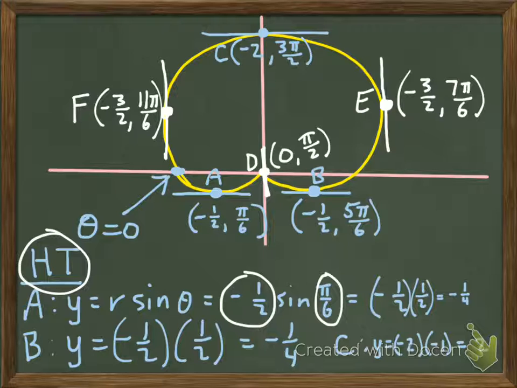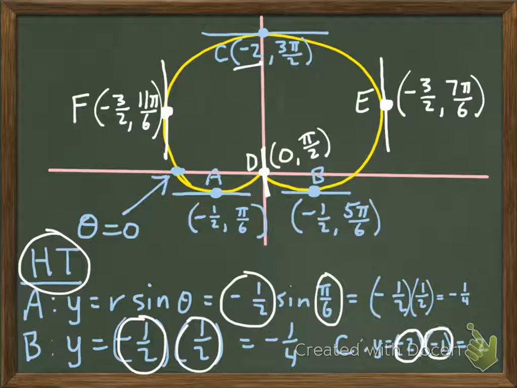We do the same for B. We plug the r in, we plug the theta in, and sine of theta is 1/2, so we get -1/4 as well, because it's really the same line. It's just the equation of the line at each of those points. For point C, r is -2, theta is 3 pi over 2, and the sine of that is -1. So -2 times -1 is 2. You could have figured that out anyway just by looking at it.